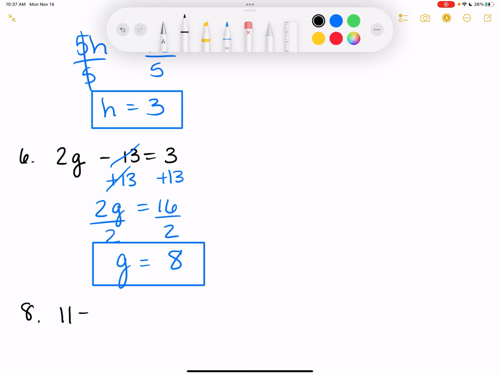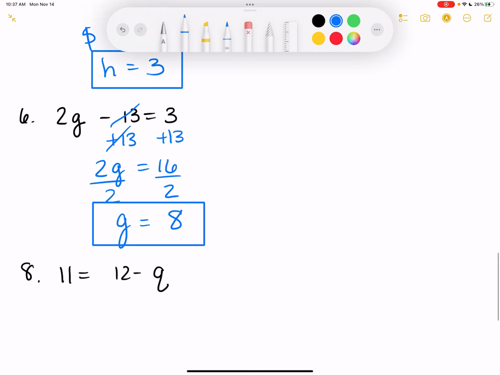11 equals 12 minus Q. So, you wanna get rid of the 12. Currently 12 is positive.